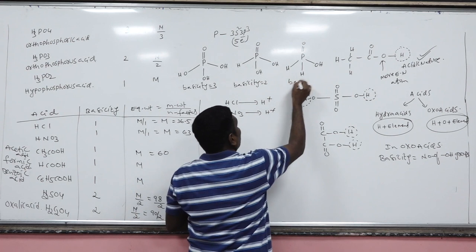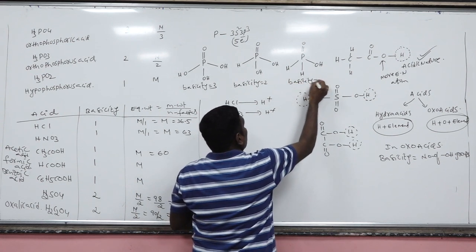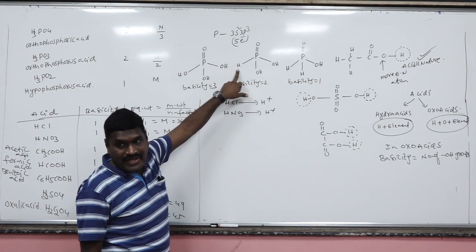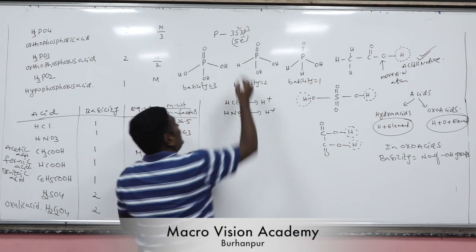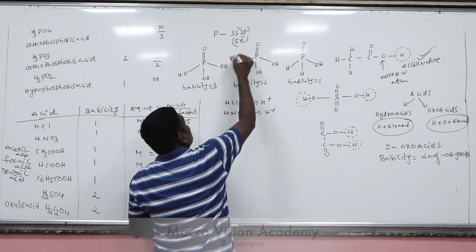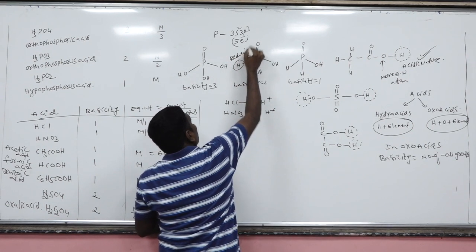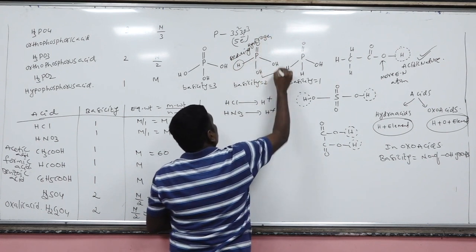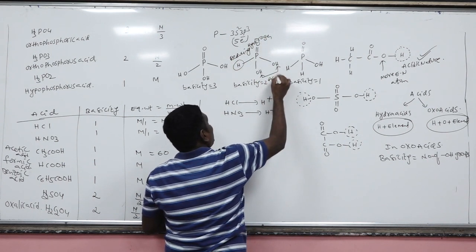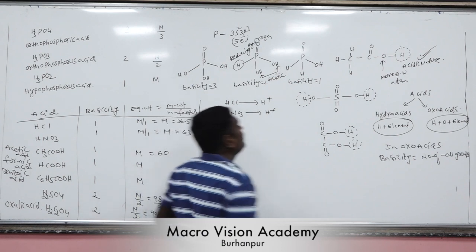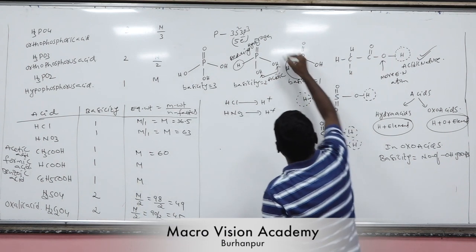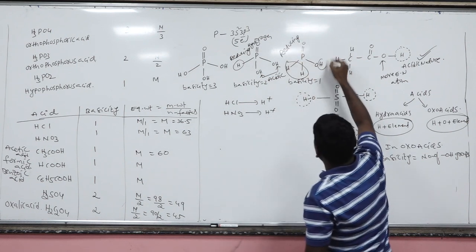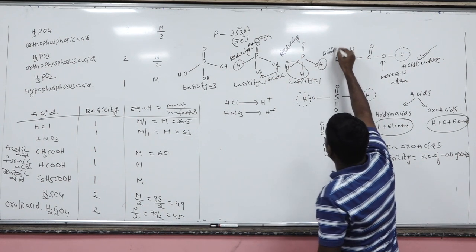Here basicity is equal to what? 1. Now the hydrogen which is directly connected to phosphorus is not an acidic hydrogen. It is a reducing hydrogen. These hydrogens are referred to as acidic hydrogens, and the ones on phosphorus as reducing hydrogens. Are you getting my point?